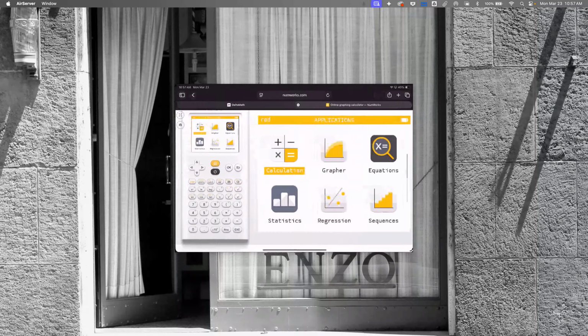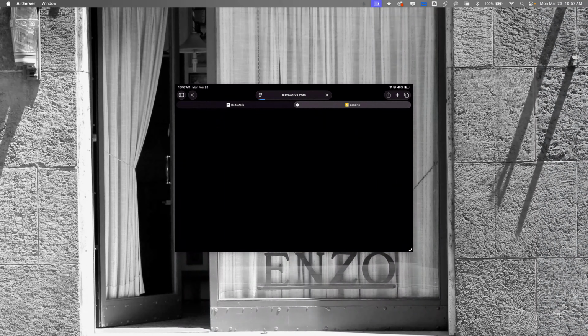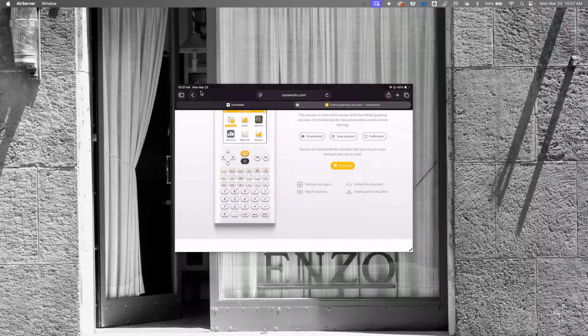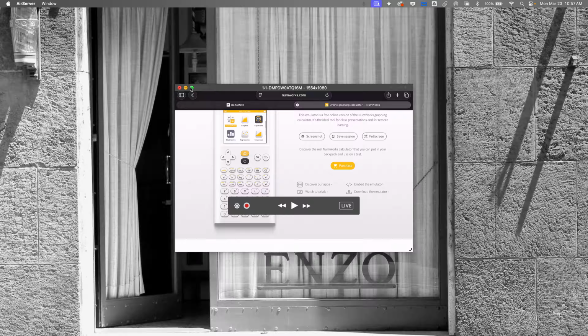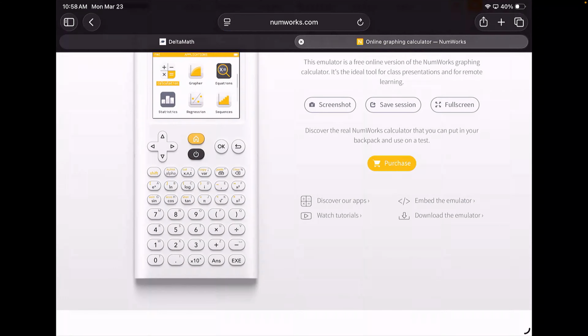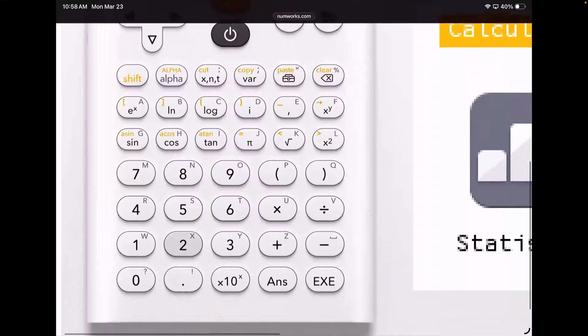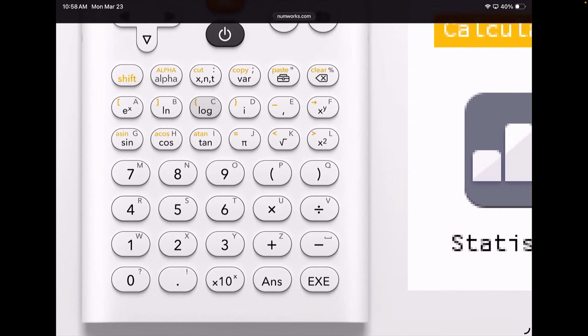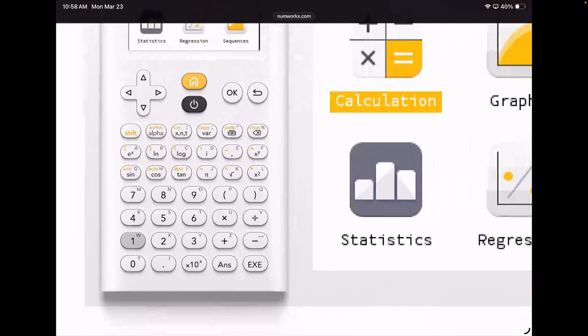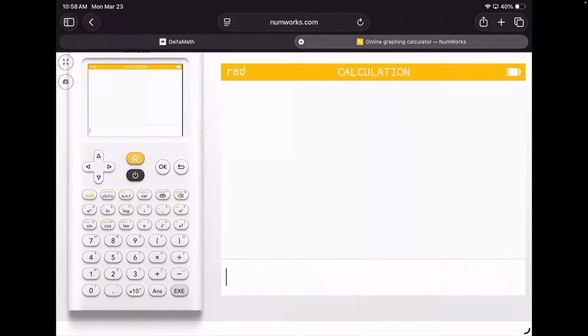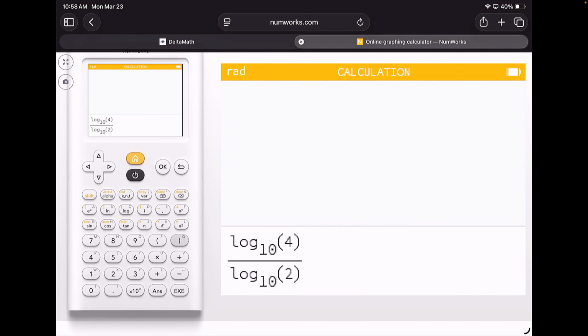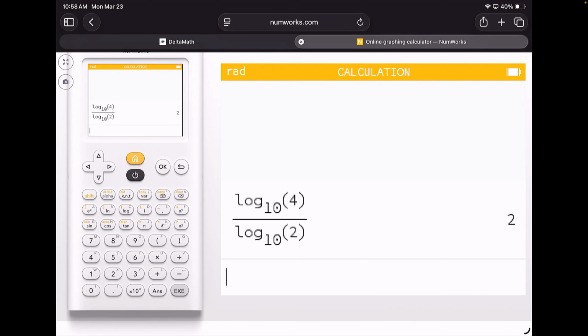Absolutely. Full screen. So when I put log 4, oops, what am I doing? So you go log of 4 divided by log of 2, you get 2.